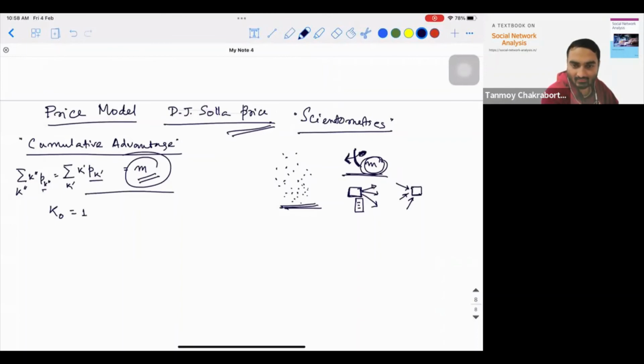When a paper gets published, assume that the paper cites itself because it has got published, so it has got some merit. Somebody acknowledged this paper. So whenever a paper is published, it basically comes with in degree 1. So the in degree at 0 for all the nodes is 1.